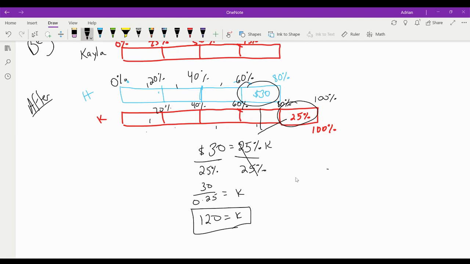Now, if Kayla had $120, because that was the amount here, $120 here, to get that 25%. So each of these is $30.